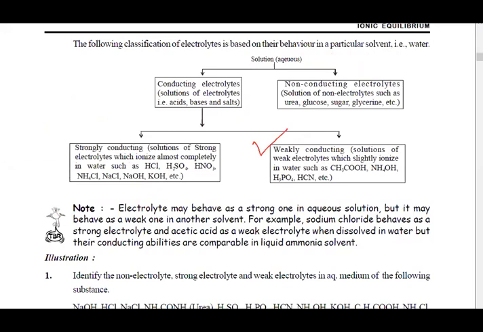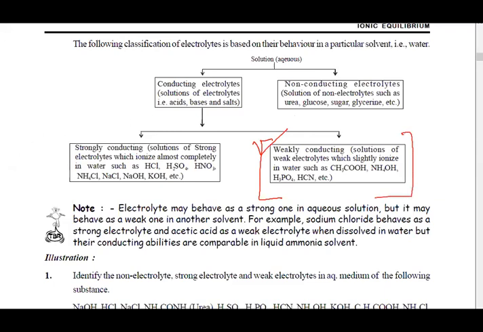No. And we know that if a reaction is not reversible, we will not talk about equilibrium.